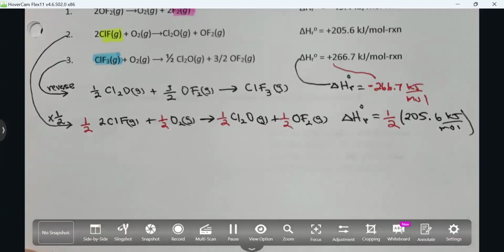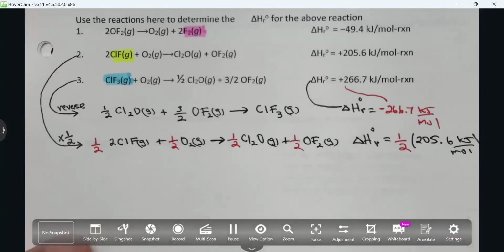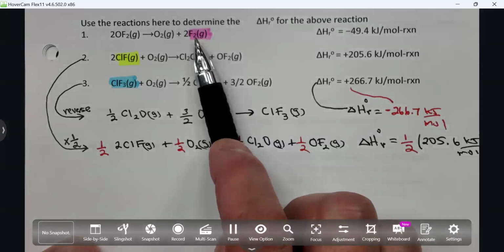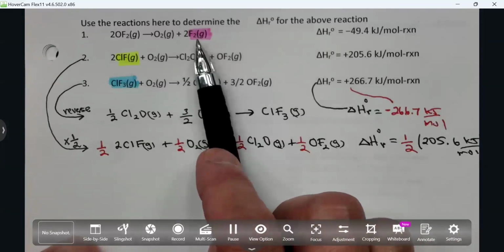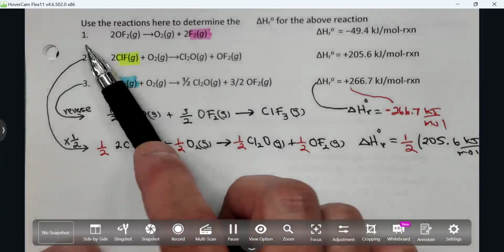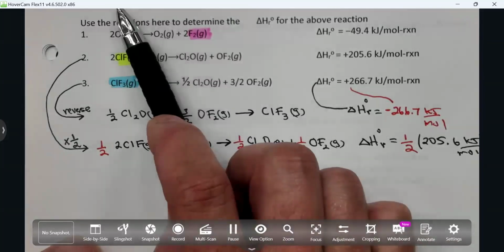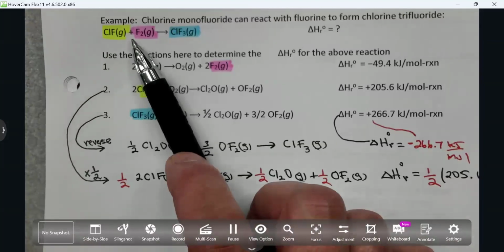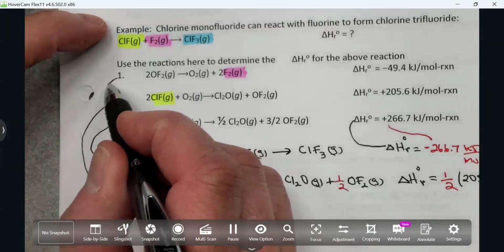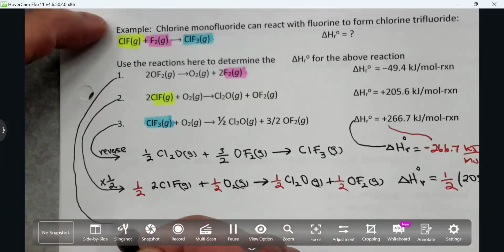Now what do I have to do to reaction 1? We're going to reverse it and multiply by 1/2. We have to get this 2F2 on the reactant side, and get rid of this 2, because there's no 2 in the reaction that we want here. So reaction number 1, we reverse it times 1/2.